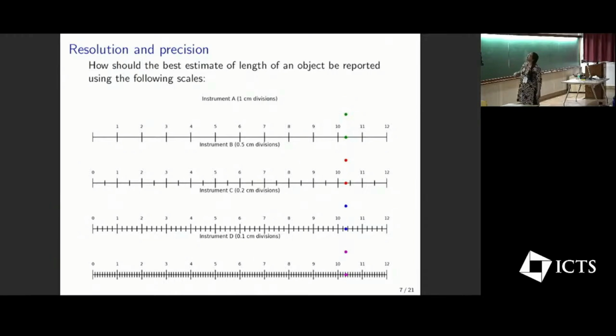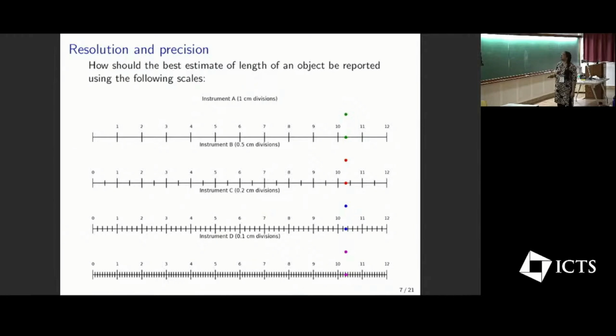What about the second one? Okay, 10.5 would be the rounded off number, right? Plus minus 0.25. So you have 10 and then you have 10.5 and the third one gives you?